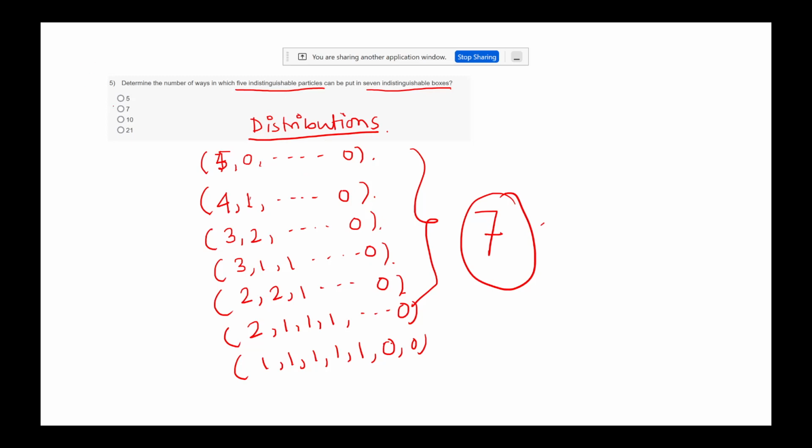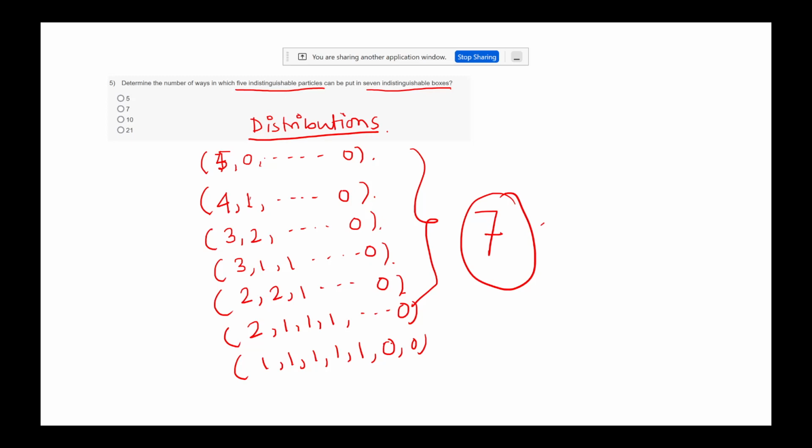I approached the question in that way: there are 5 particles and 7 boxes. So even if we keep all the 5 particles in one box, at least 2 boxes are going to remain empty. But you are choosing that 2 boxes, and that is not important, because there will be more than 2 empty boxes for different distributions, right? Here there are 6. You made the same mistake in the previous session also. Sometimes the mapping is not that simple.